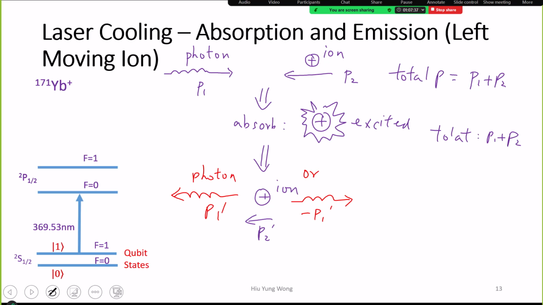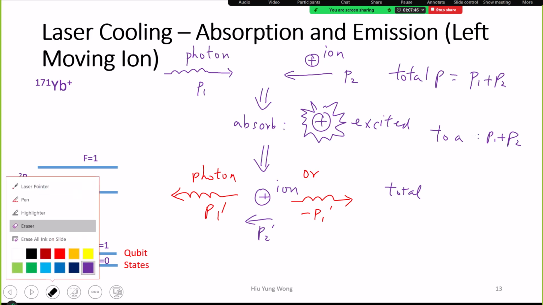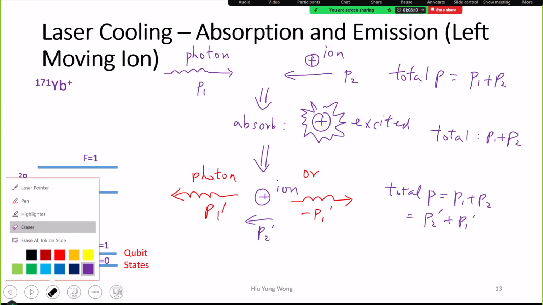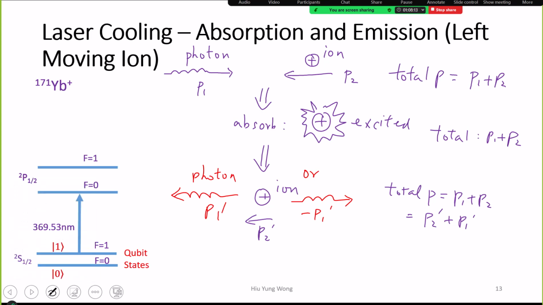The total momentum must be the same as before. But now it is either P2 dash plus P1 dash, or it's equal to P2 dash plus P1 dash.